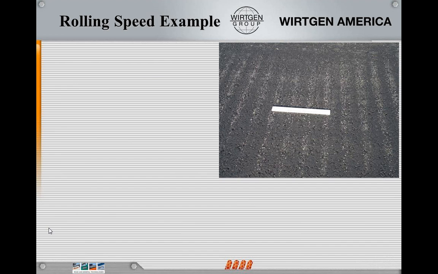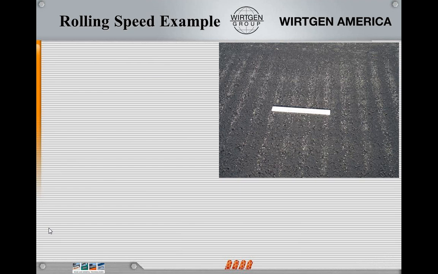This is another example of a project that I was down in Georgia on. They had a very rough ride, and it sounded like there was a noise in the mat. Well, that's a 1 foot ruler, and if you look at the white spots on the ground, that's where the impact of the roller is. Now remember, the magical number we talk about is 12.